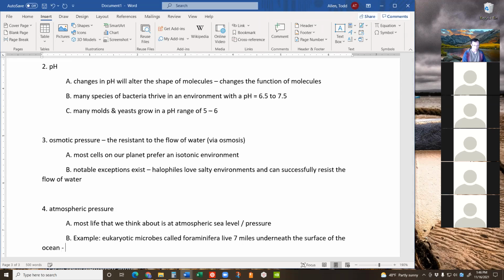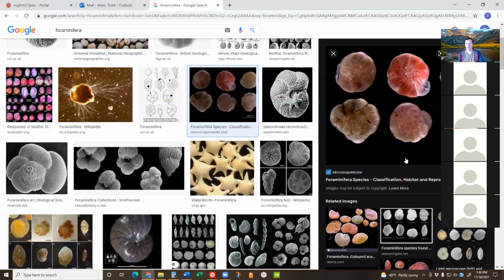By the way, this is what these microbes look like. Here's just a quick snapshot of some of them.